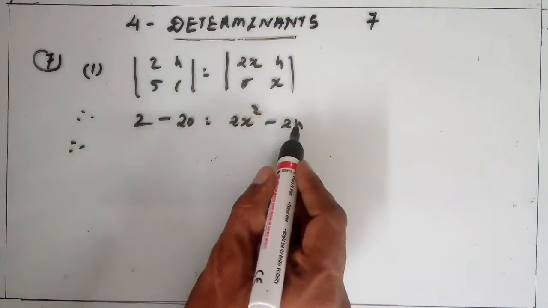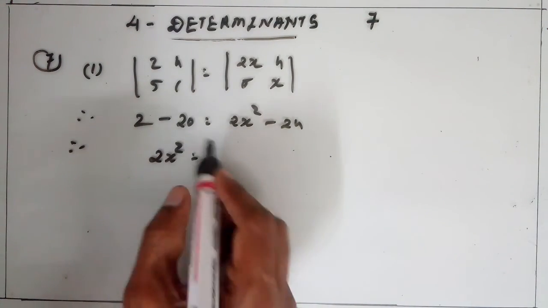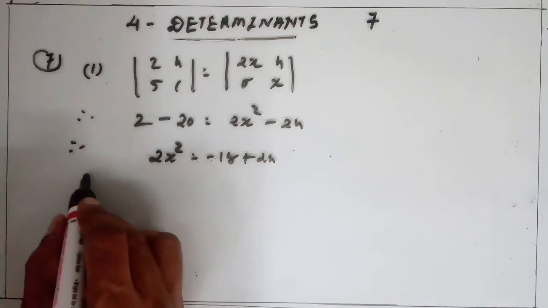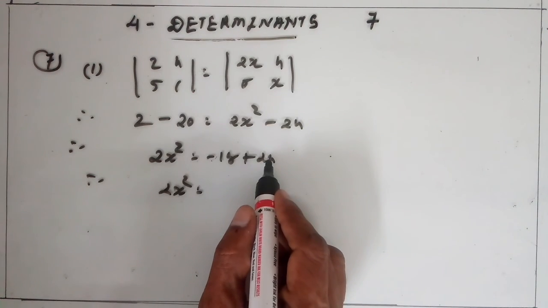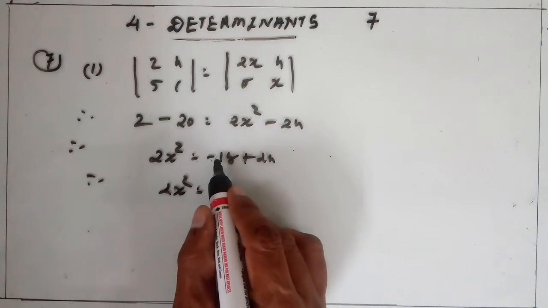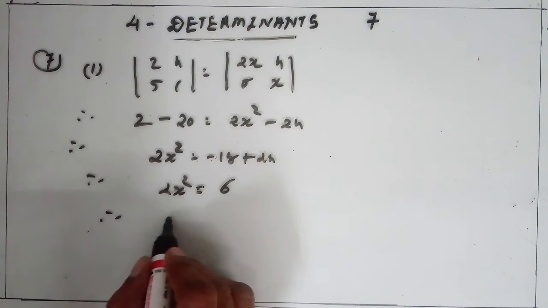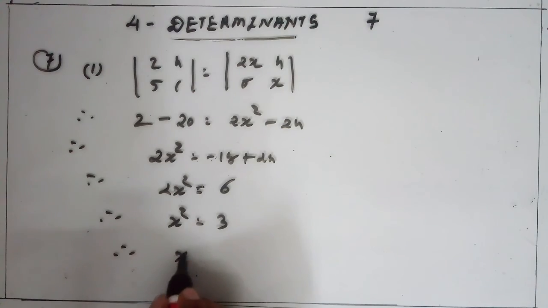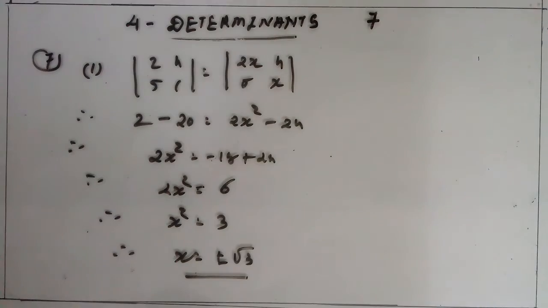Therefore 24 take this side. So here we get 2x square is equal to minus 18 plus 24. Therefore 2x square is equal to 6. Therefore x square is equal to 3. So the value of x is equal to plus or minus root 3. Clear?